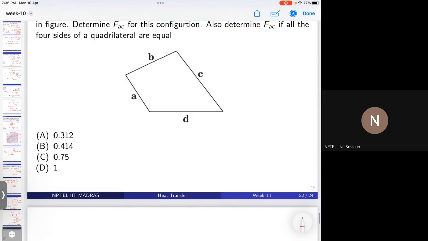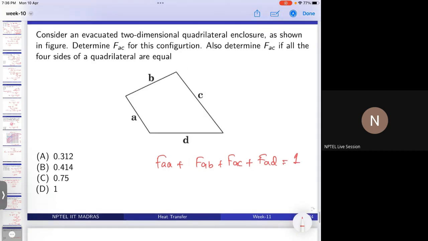So if I imagine FAA plus FAB plus FAC plus FAD is equal to 1 because of the summation rule. What is FAA? That is 0. So what we are asked to find out is FAC, which is equal to 1 minus (FAB plus FAD).